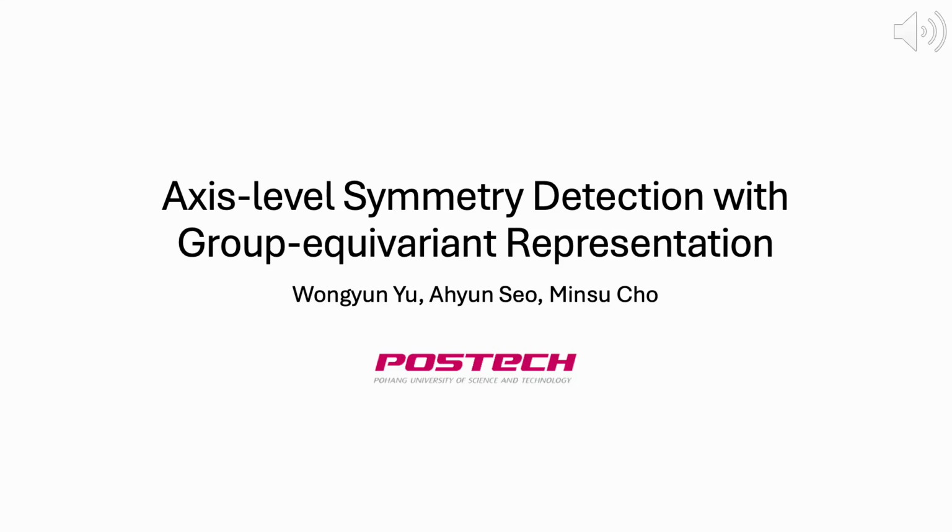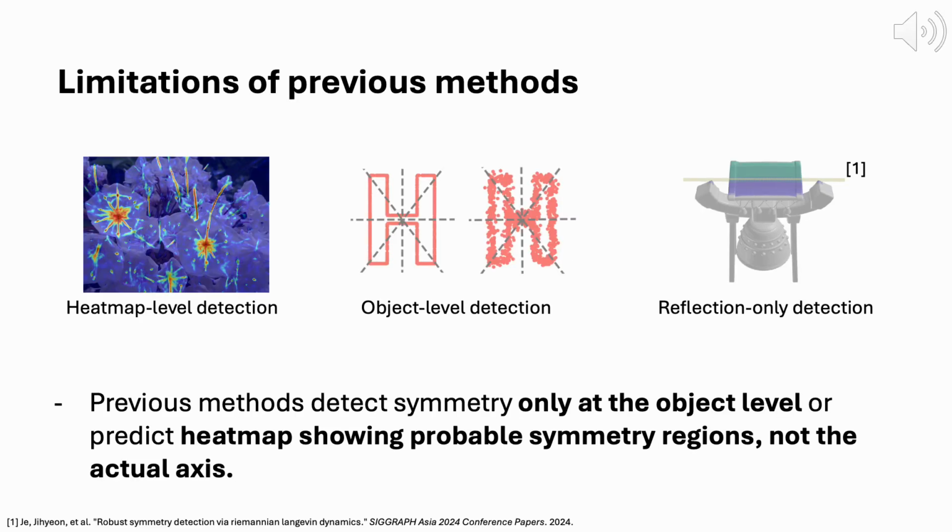We present a novel approach for axis and scene-level reflection and rotation symmetry detection using a group-equivariant representation. Existing methods are limited to object-level symmetry detection or generate heat maps showing likely symmetric regions without explicitly predicting the symmetry axis.